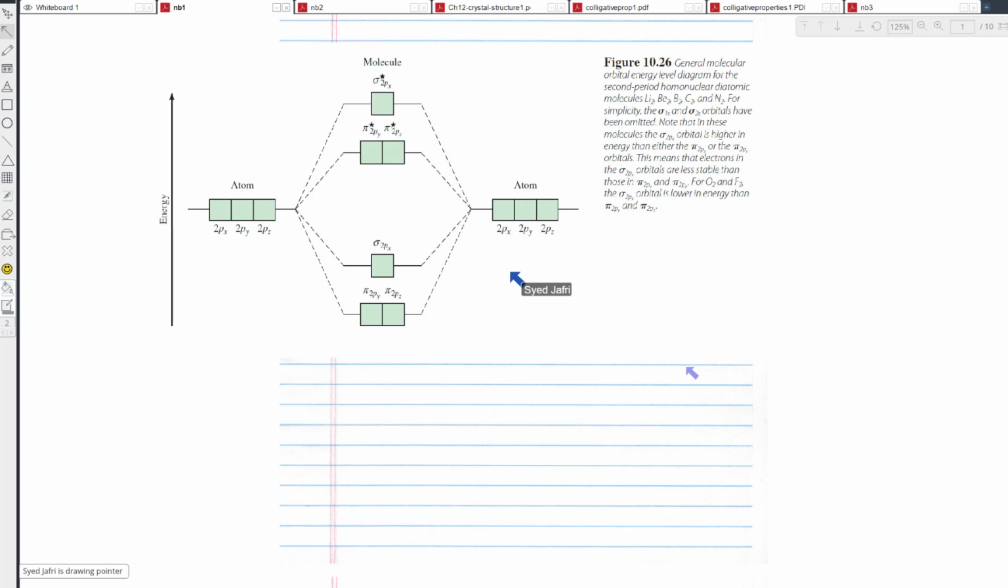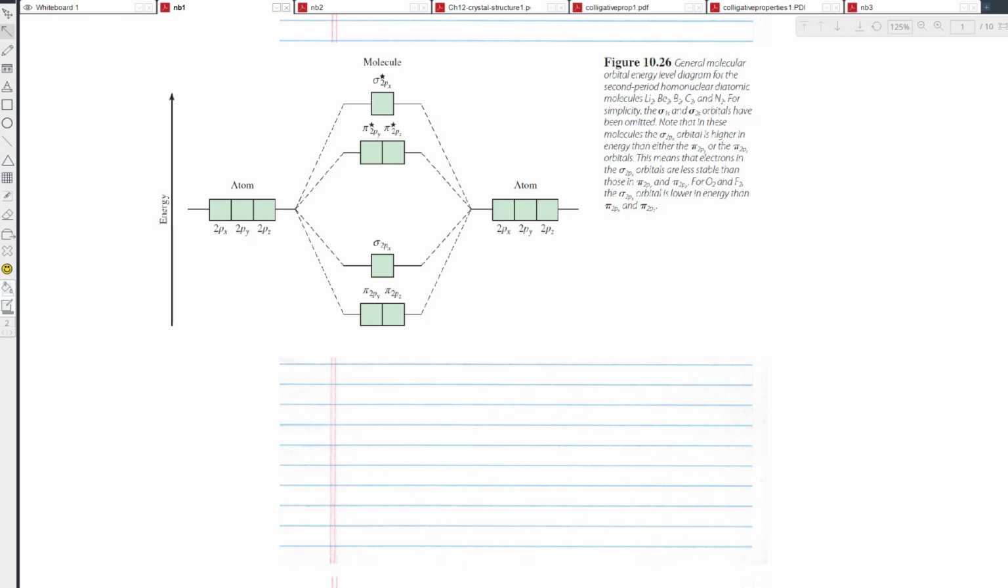Only for these. Otherwise, for oxygen, fluorine, and others, normally we take this one as lower energy. But for nitrogen, carbon, boron, you take the opposite. In order to find the bond order, even if I use the old system, I will still get the same thing. Let's put it here and see.